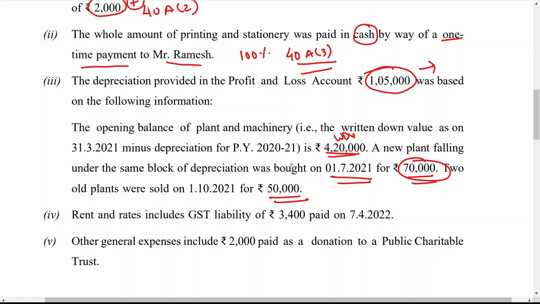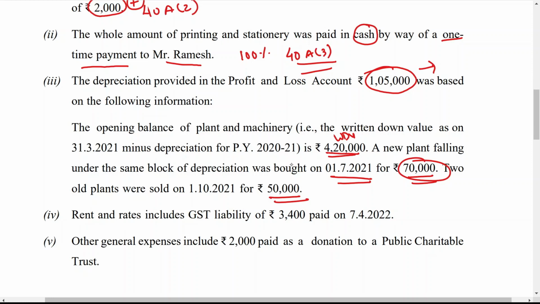That means it is used for more than 180 days, so there is no question of half depreciation. Full depreciation is available in the case of 70,000 also. And old plants were sold on 1/10/2021 for 50,000. So we have to find out the written down value as on 31st March 2022, and on that depreciation is available. We will see that portion in the working note.